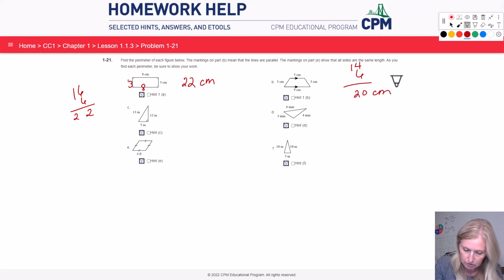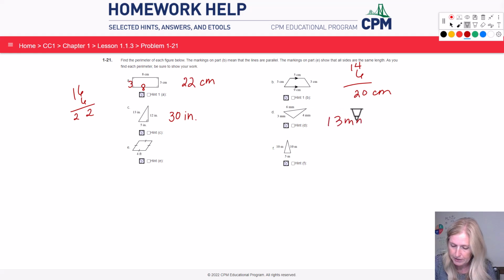Now we've got a triangle. So we've got 13 and 12, that's 25, plus another 5 is 30, and it's inches this time. Let's see. D, 6 and 4 is 10. 10 plus 3 is 13 millimeters.